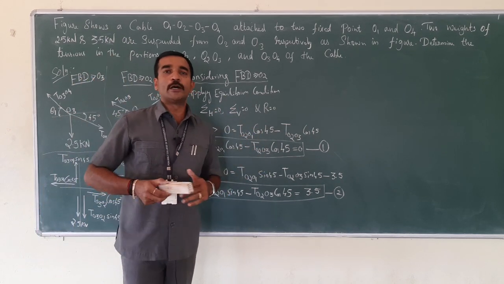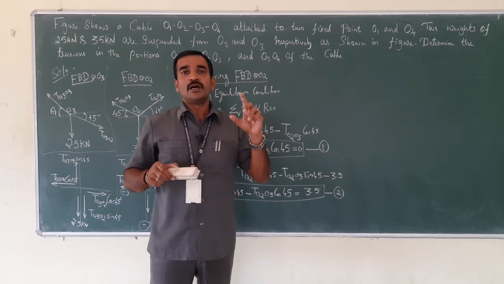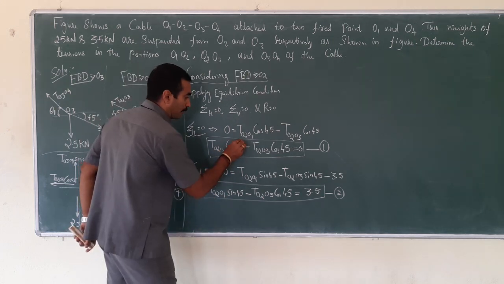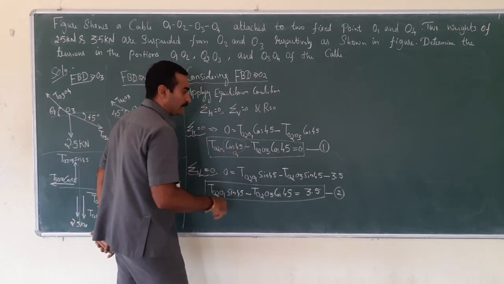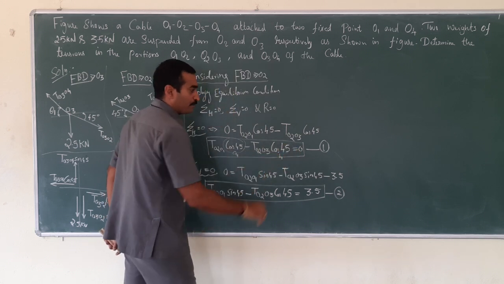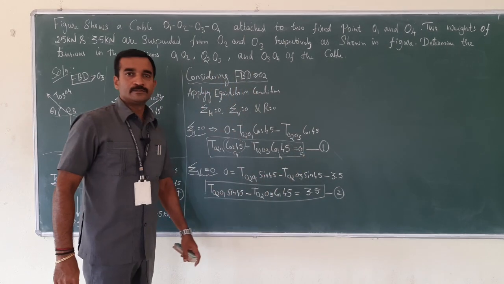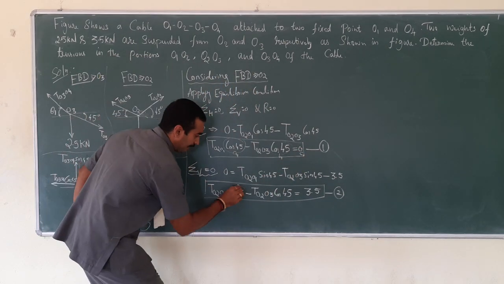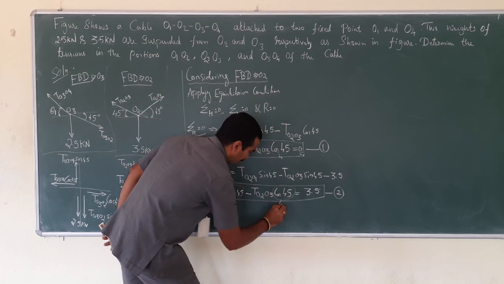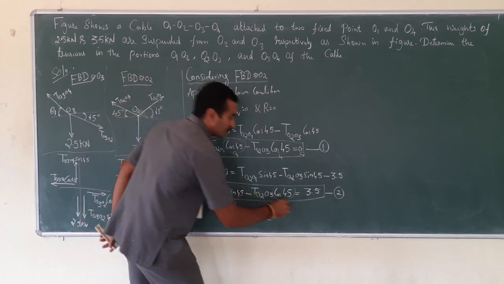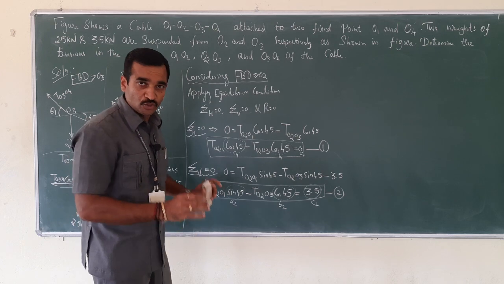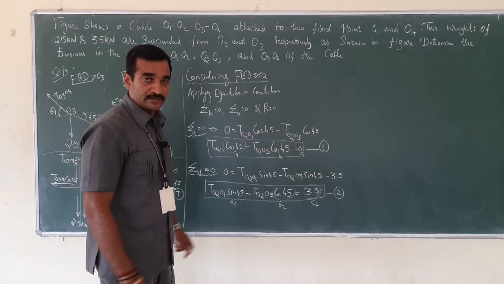You will have to use your calculator, choosing the two-unknowns equation mode, and you will have to feed this value as A1, minus cos 45 as B1, and C1 as 0. Similarly, for here, sin 45 as A2, minus cos 45 as B2, and C2 as 3.2. If you do so, you will get the answer, right?